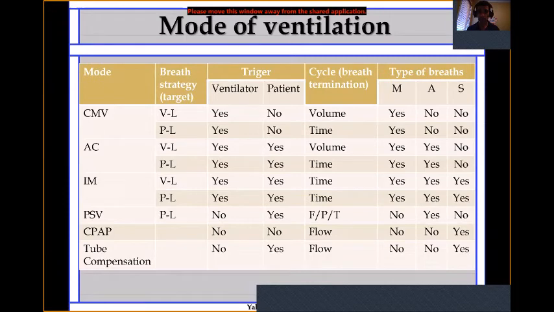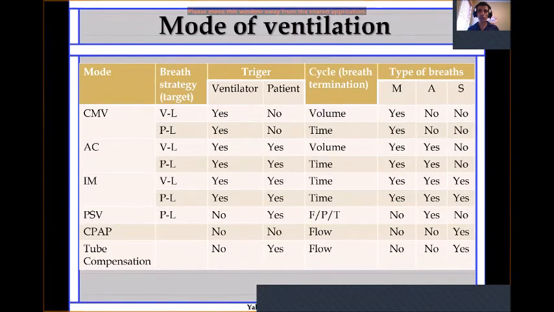So you can see that in SIMV or IMV, the patient is doing something good. If you want to wean the patient and you don't want to lose the function of the patient's respiratory system, you go with SIMV.